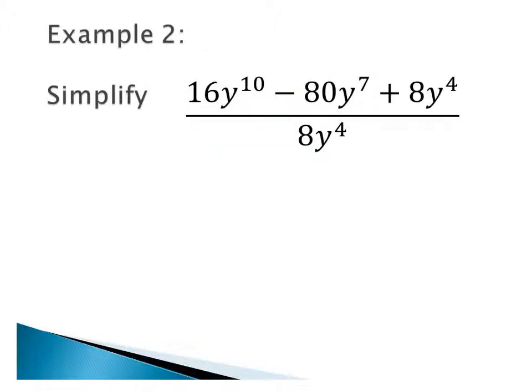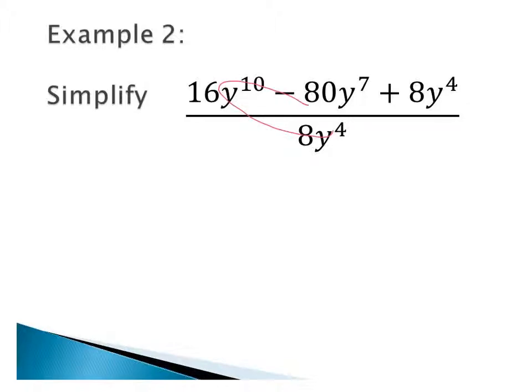So here's a second example. We have 16y to the 10th minus 80y to the 7th plus 8y to the 4th, all divided by 8y to the 4th. So it looks a little larger, but we have the same process. This time we have three terms in the numerator, so we're going to break this up into three fractions.